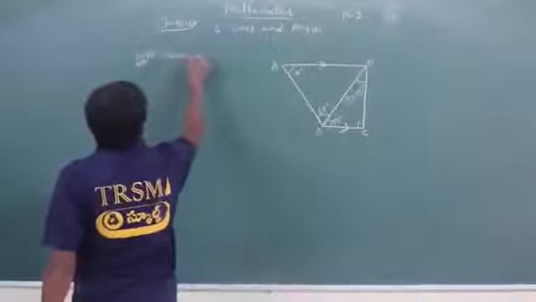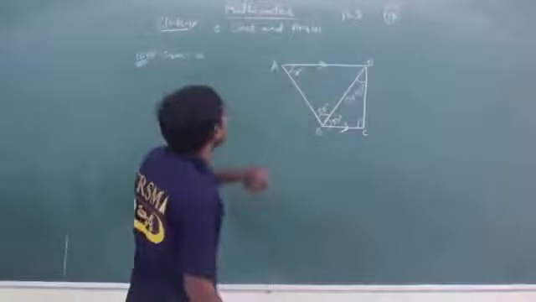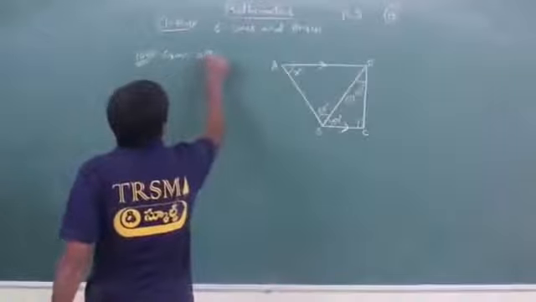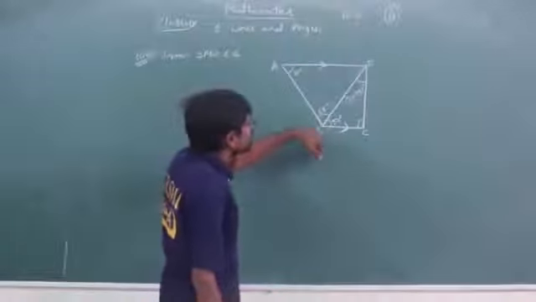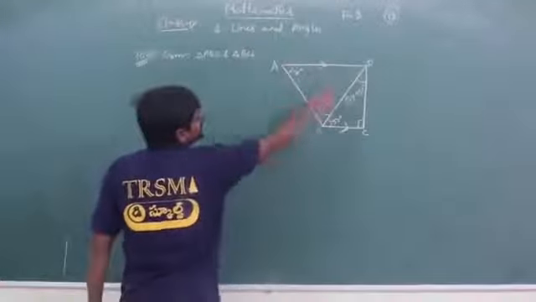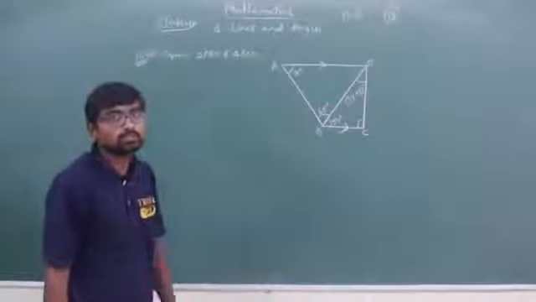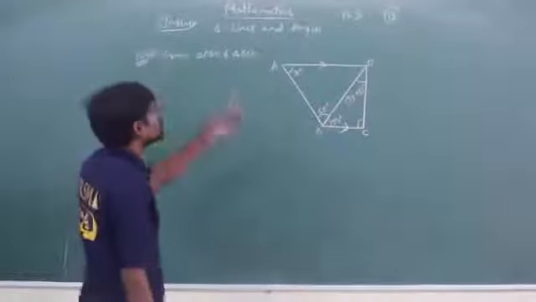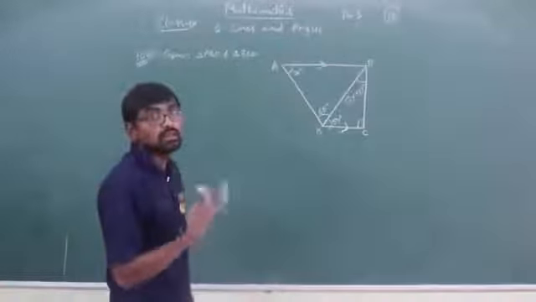Given, here we are having two triangles, na? Triangle ABD and triangle BCD. So ABD is one triangle and BCD is another triangle. Now what we need to do is find x and y.